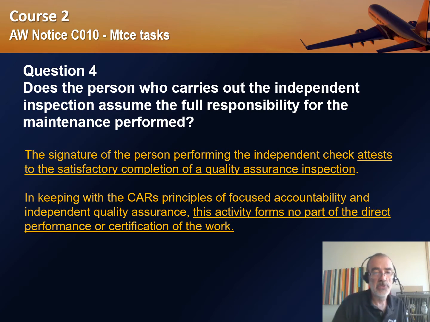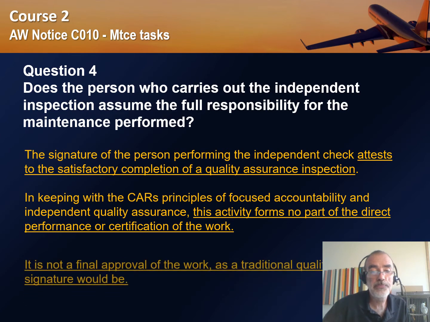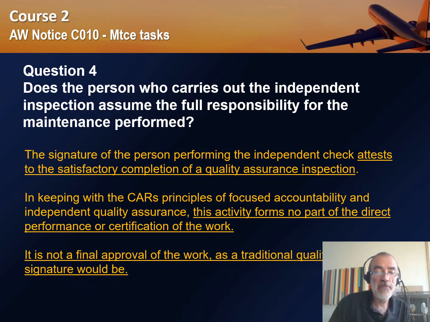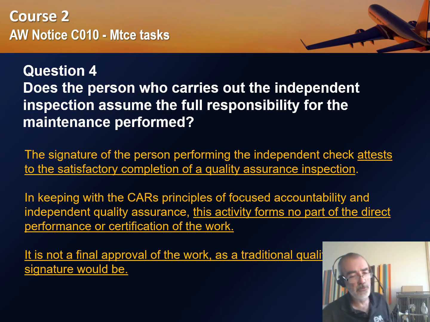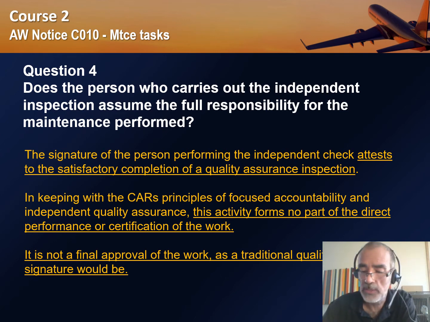Okay, so you cannot certify the work. It is not a final approval of the work as a traditional quality control signature would be, meaning if an inspector does a full complete inspection and certifies the part, then the person could be held responsible for that.